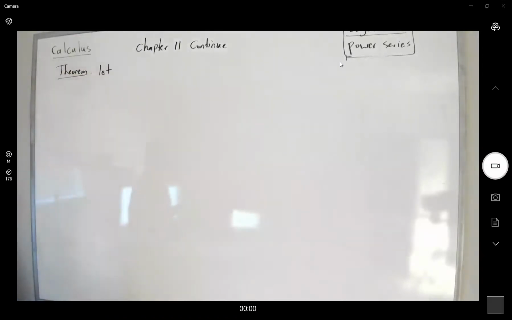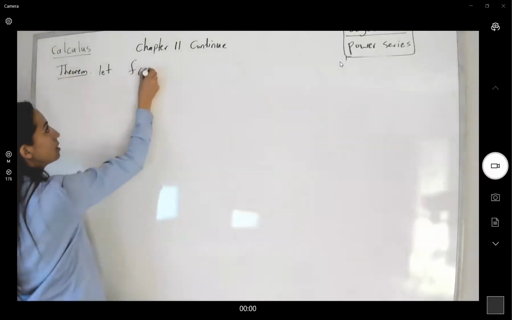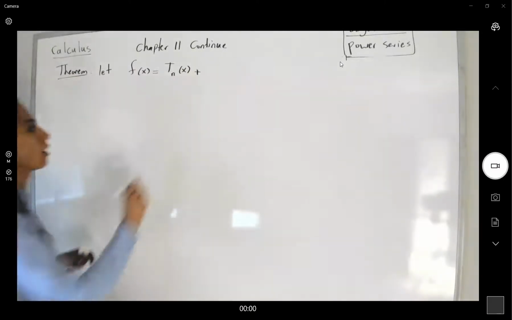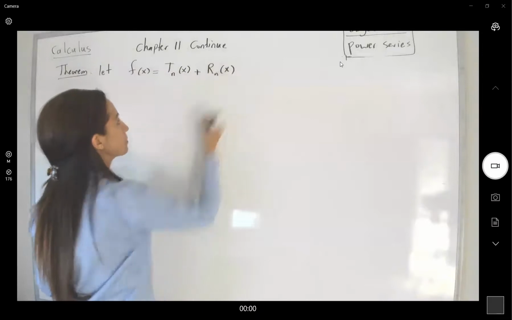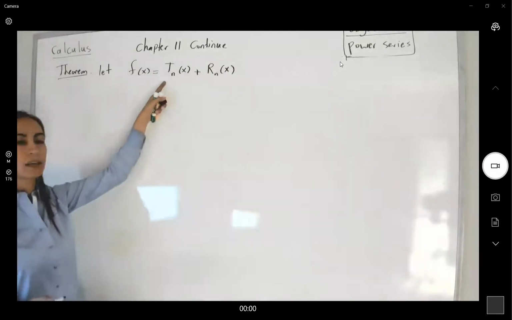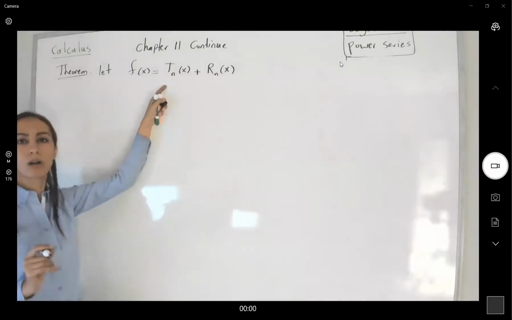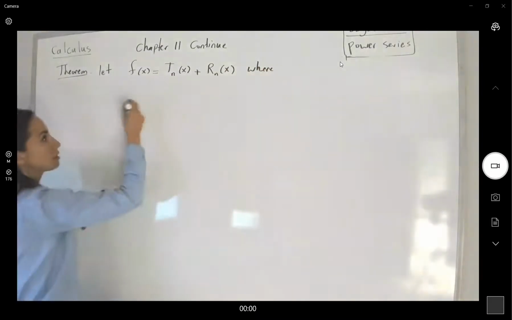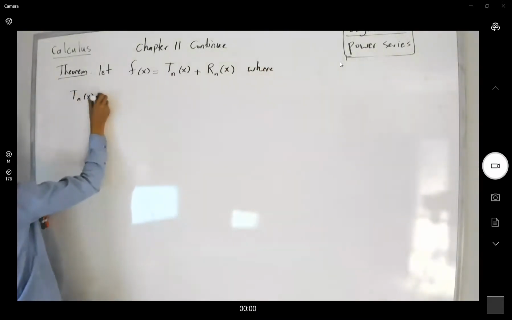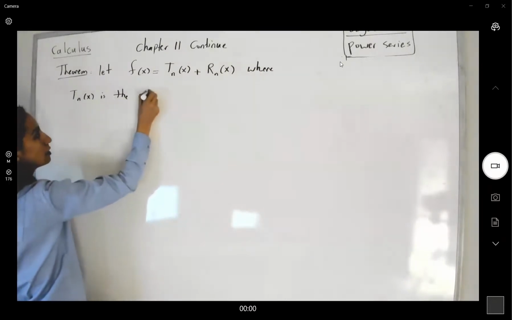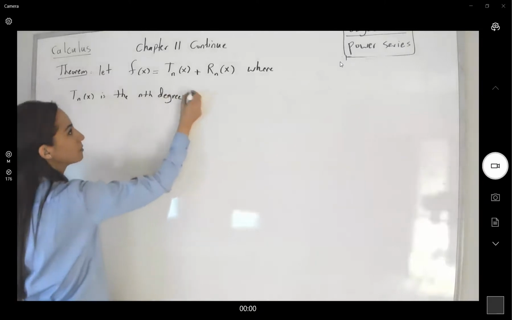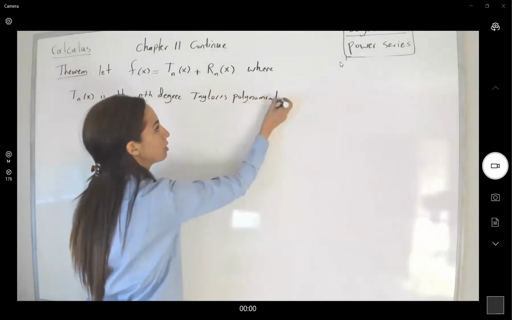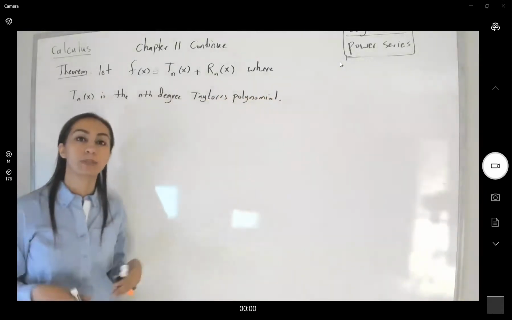let f(x) be equal to T_n(x) plus R_n(x). T_n(x) is the nth-degree Taylor polynomial for the function, and R_n is going to be the error.